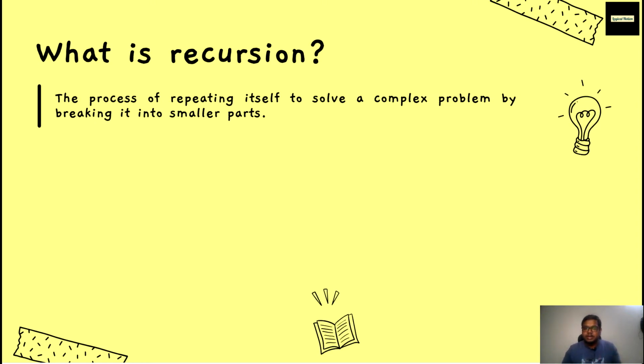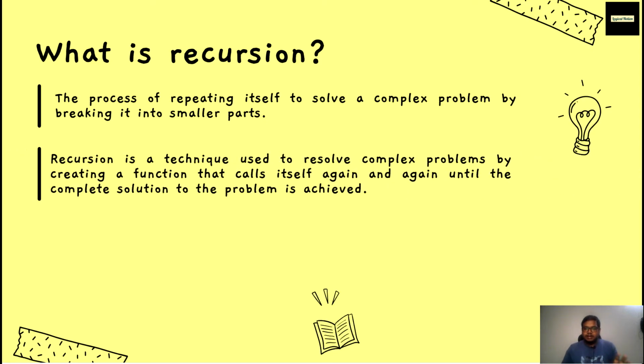So this is the actual definition of recursion which I just told you. Recursion is a technique used to resolve a complex problem in which a function calls itself again and again until the problem is resolved and the solution is achieved.